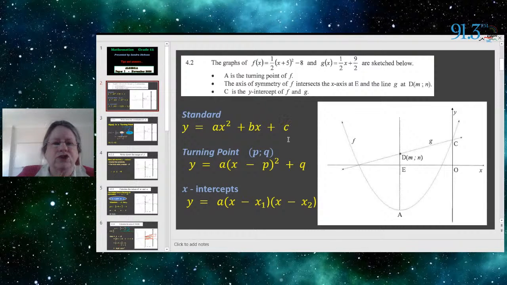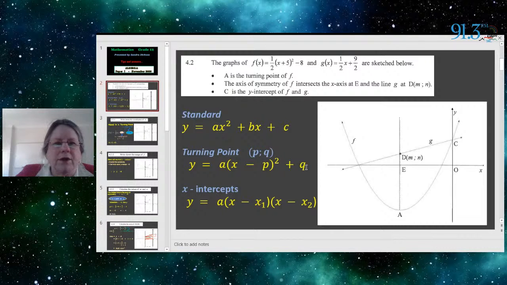But there are two other ways of dealing with a parabola, and this is important. If we go to the question, you see they talk about a turning point. If they talk about a turning point, we are going to use this formula here: y equals a, which is a constant, (x minus p) squared, plus q.